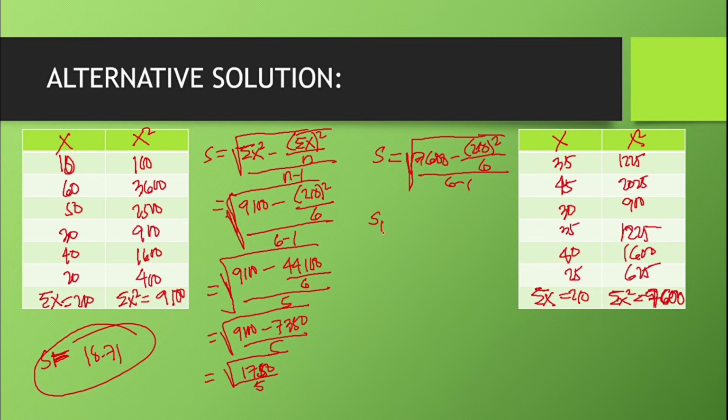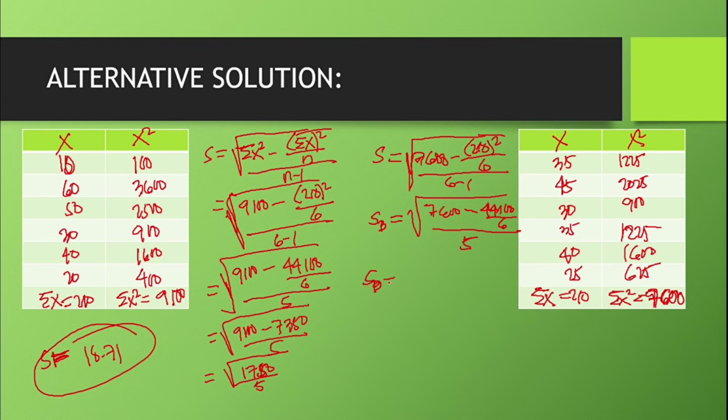So our standard deviation for B is the square root of 7,600 minus 210 squared, which is 44,100, divided by 6, over 5.